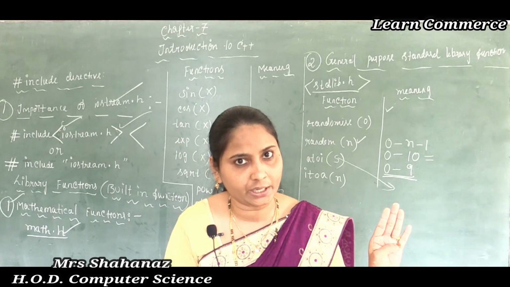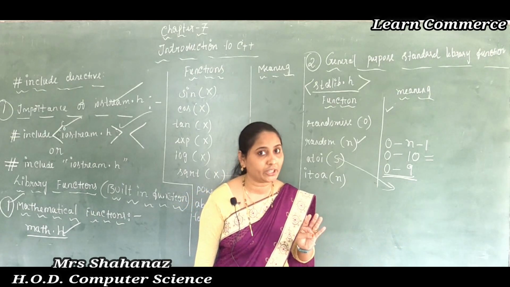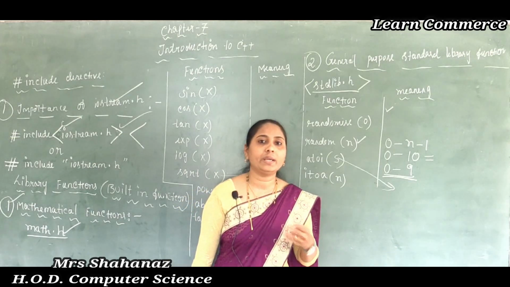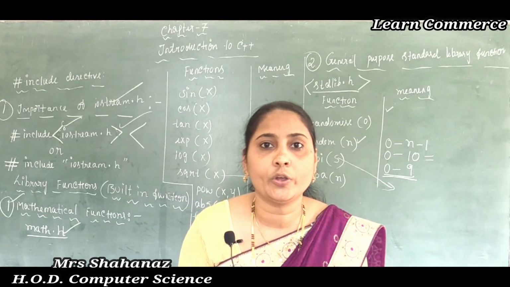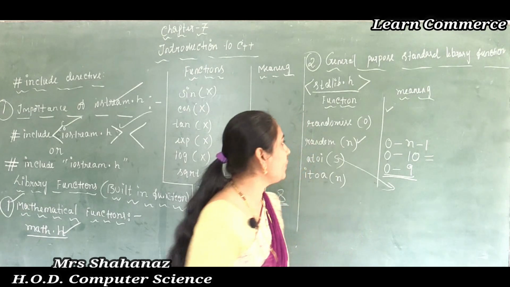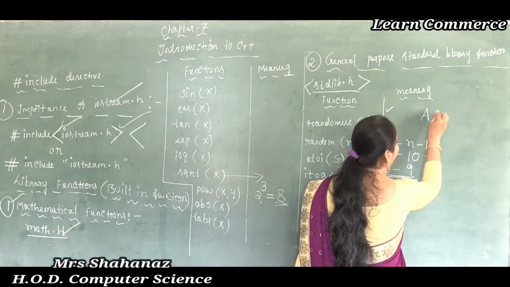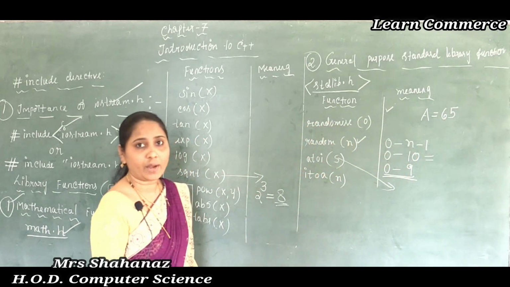Correct? And the small letters a to z are 97 to 122 here. Or if you are using any number, that means 0 to 9, the values start from 48 to 57. So if you are using the value here, sure it is going to display number-wise. Clear this point?